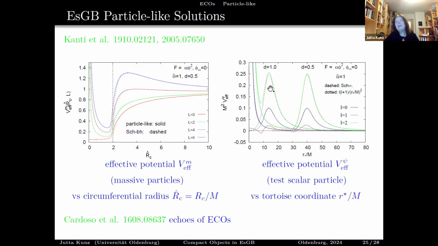But then it's coming back to this potential, to this mountain. And here we have partial reflection. So a part goes through, this is the first echo, but a part goes back in. And this part that goes back in is again totally reflected. And it comes back here, and now it's again partially reflected. And so we get basically an infinite number of echoes of this incoming scalar wave.